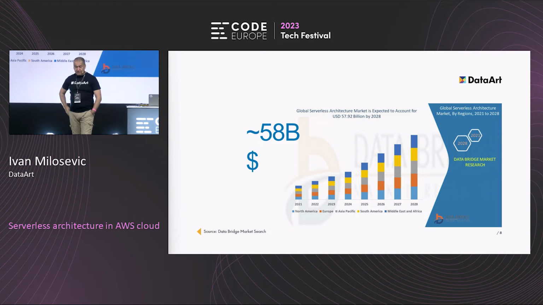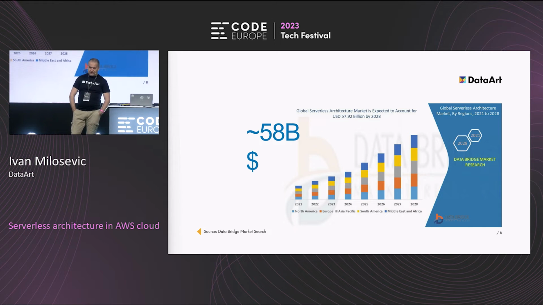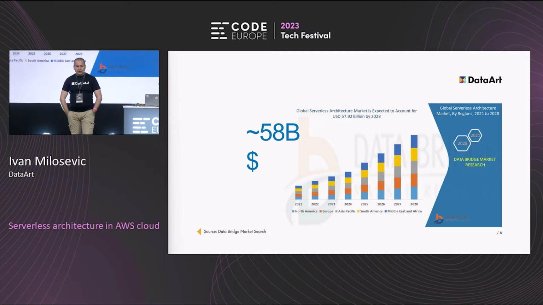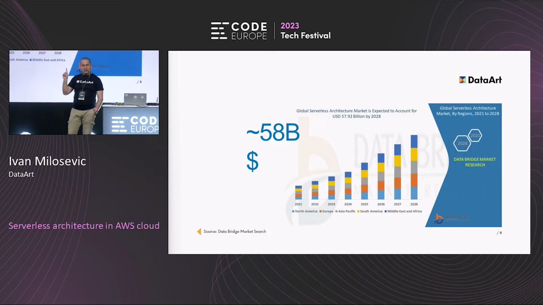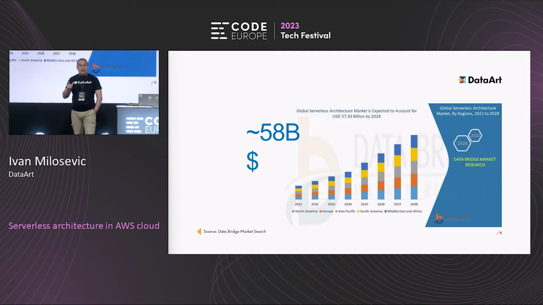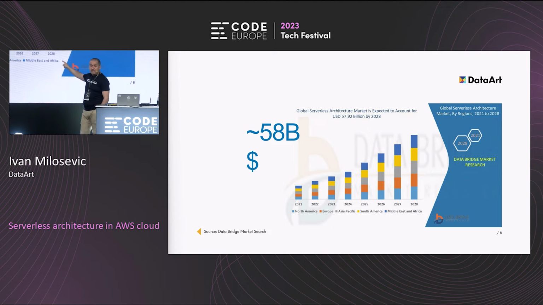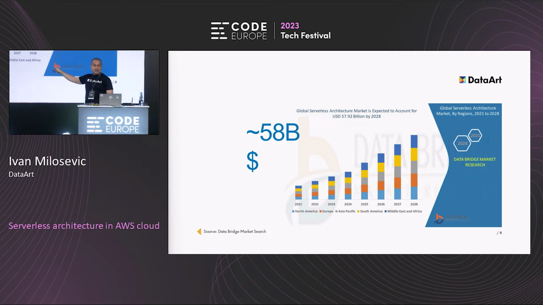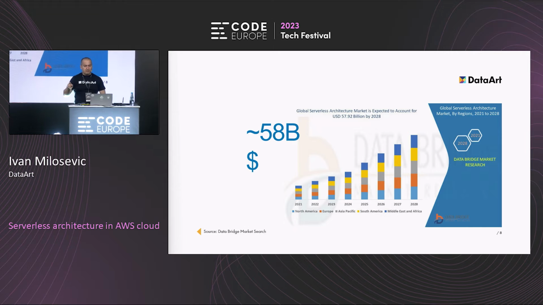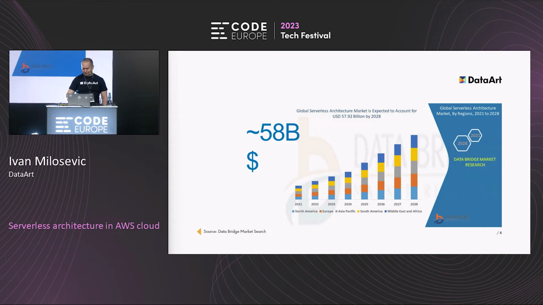I honestly didn't do full research, but I think that the annual income of, for example, Azure Cloud is less than this. AWS is more, but everything that Microsoft profits from the cloud is less than what's projected for serverless at the end of this decade. So yeah, remember it, 58 billion.